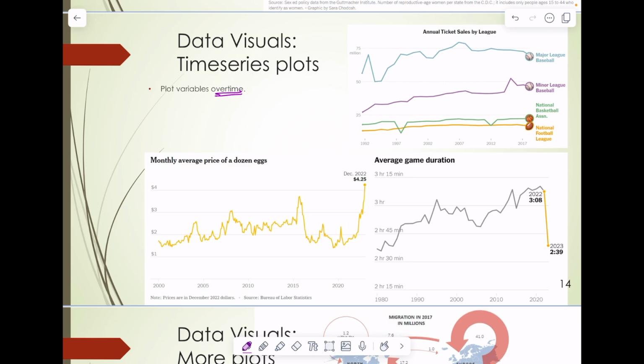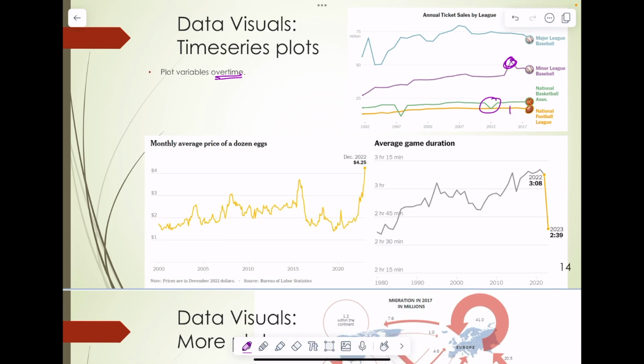You might be able to look at this peak right here in, I don't know, 2015, say, and tell me what caused that peak. Maybe a particular team, an underdog team or whatever, did really well that year, and what corresponds to that trough.